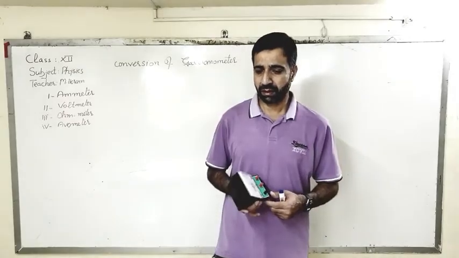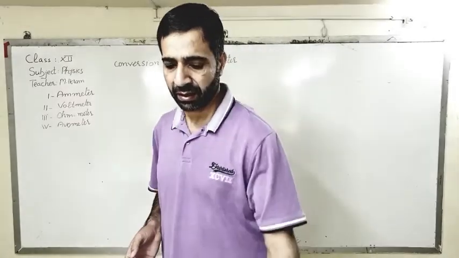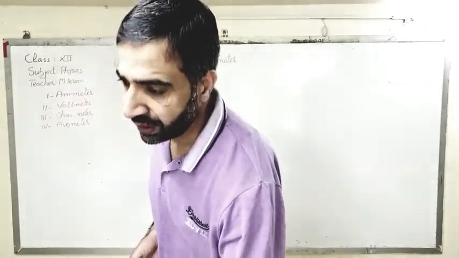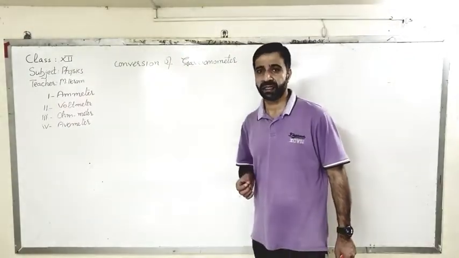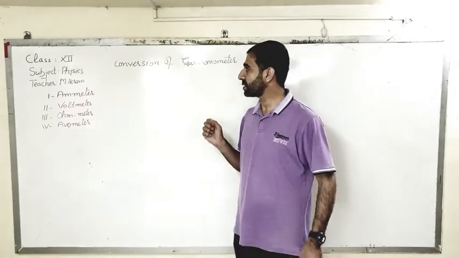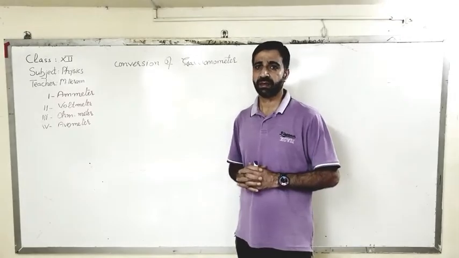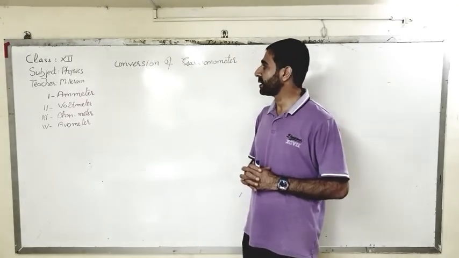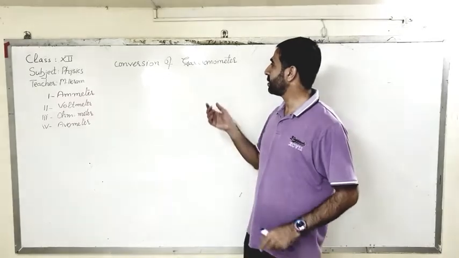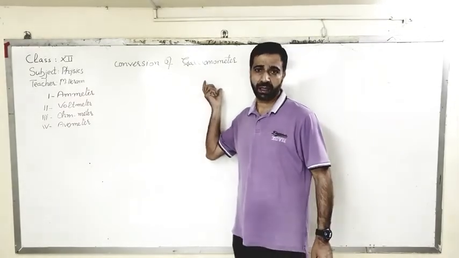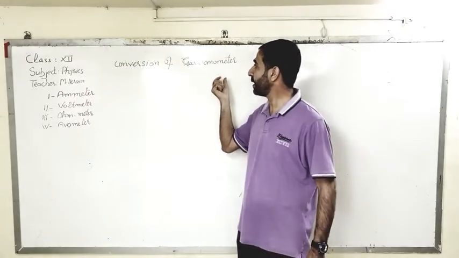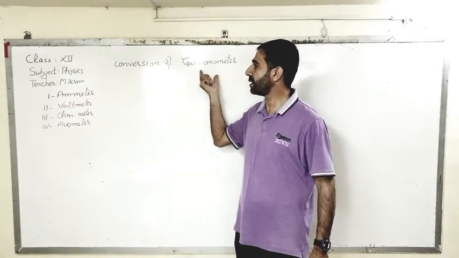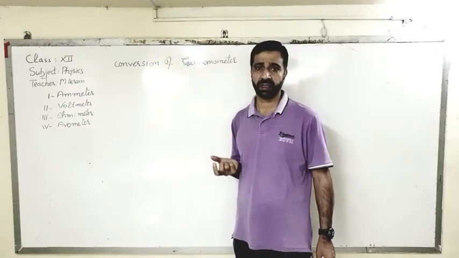Now, beside this, I told you that the galvanometer has one disadvantage also. And what was the disadvantage of the galvanometer? That it cannot measure the current of more than a few milliampere. That was the limitation of the galvanometer.